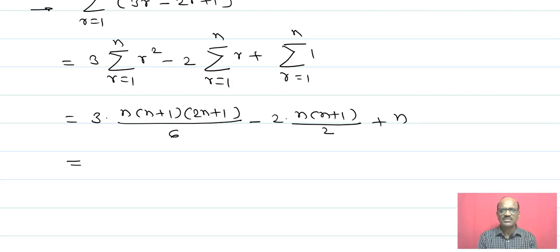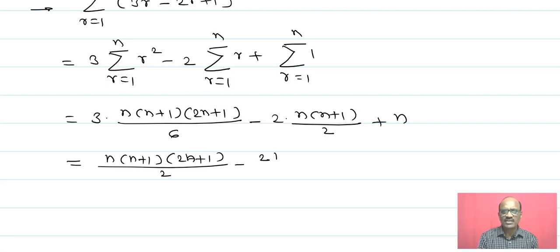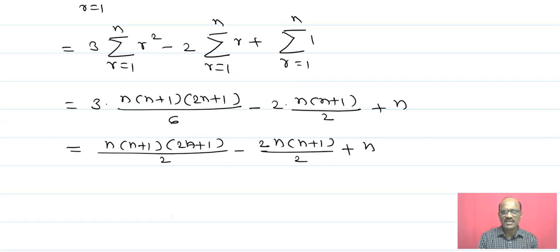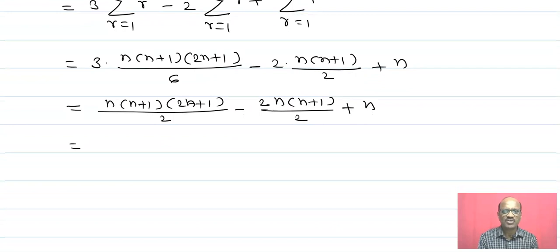Now simplify this, that is n into n plus 1 into 2n plus 1 upon 2 minus 2n into n plus 1 upon 2 plus n, and in this way we can subtract it because the base is the same.